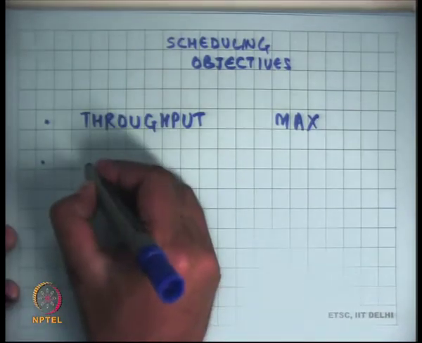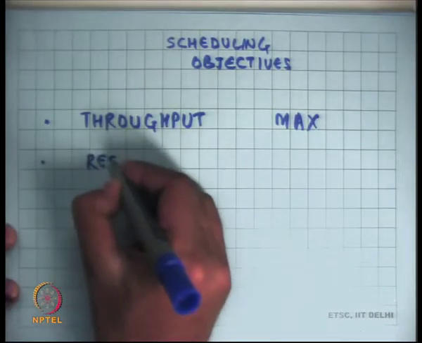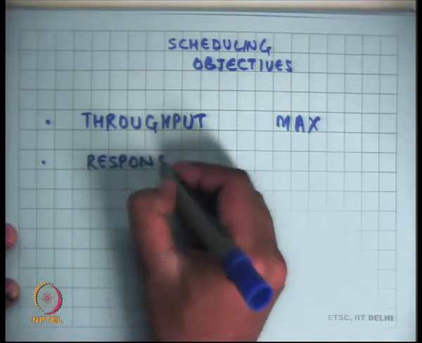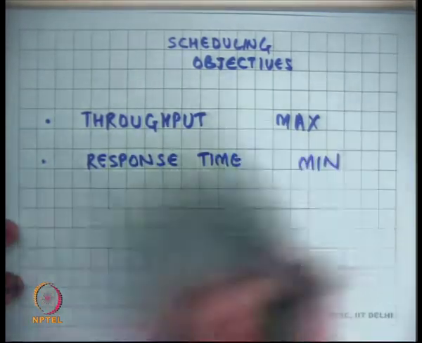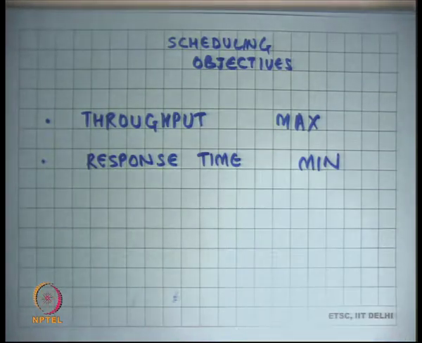The other objective is to minimize response time. This means that if something needs to respond, for example to an input output operation, that response should be as fast as possible.